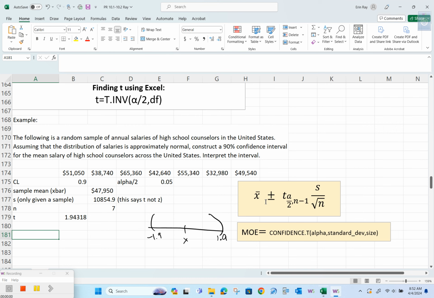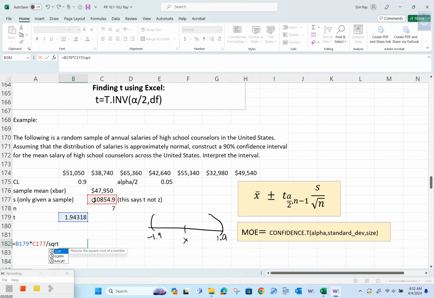So let's go to that: X bar and margin of error. X bar we already had up above, I'm just going to go grab it. I like to put them together so we know what values to use to construct our interval. And margin of error is the t-score, grabbing it, times the standard deviation of the sample, which we calculated, over the square root of our sample size, n.